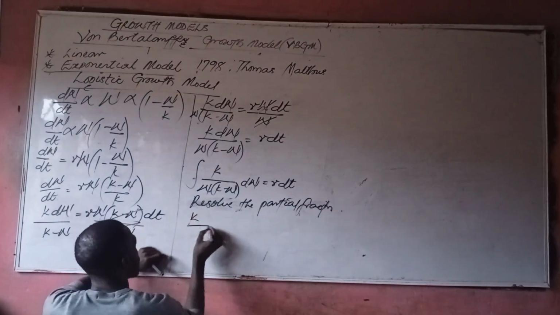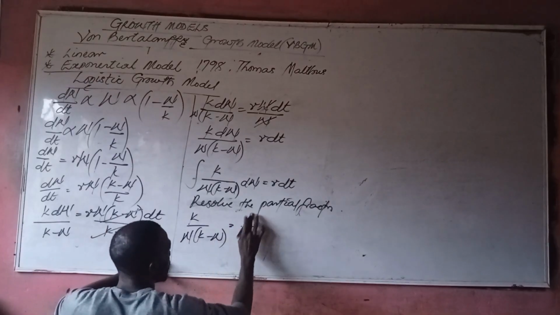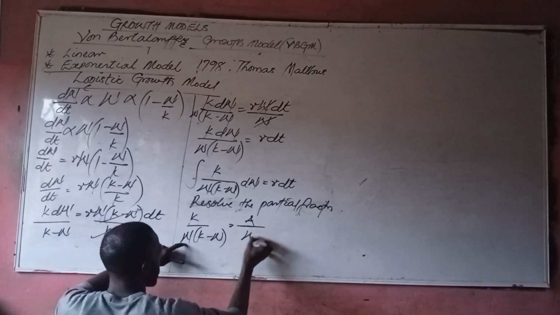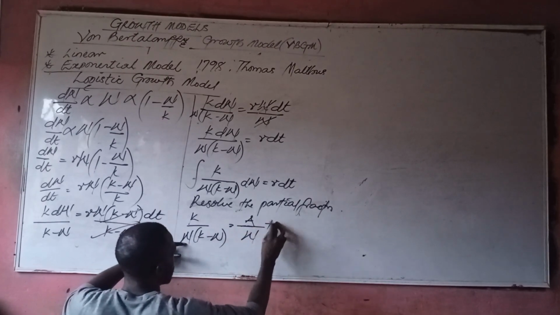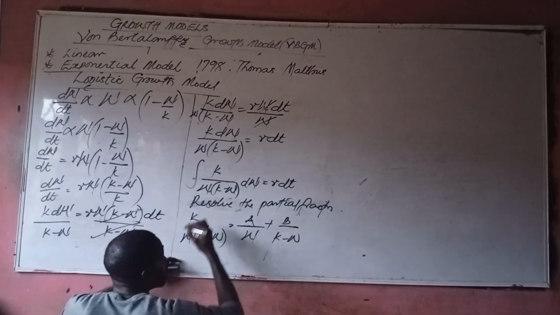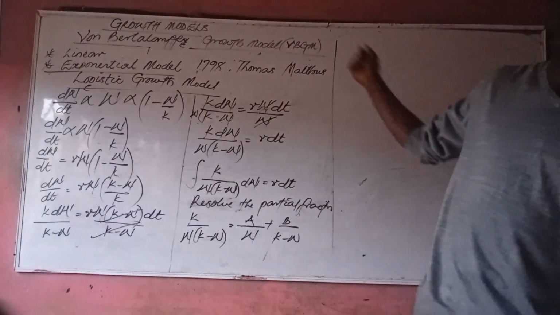So I have K over W into bracket K minus W becomes a particular constant A over the first thing here, plus a particular constant B over K minus W. Is this showing?